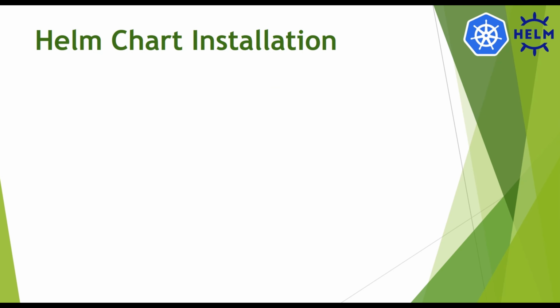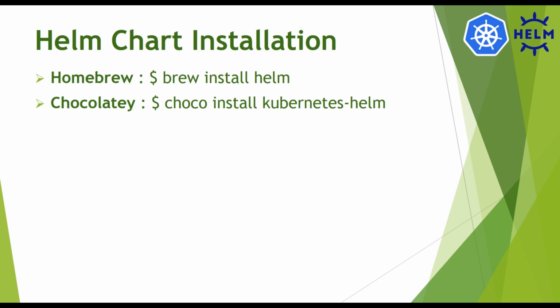In the second part, we are going to see the Helm installation. Basically, in the earlier 2 videos, I have explained how we can install Helm in our Windows and Linux operating systems. For macOS, if you have Homebrew configured, you can just execute a command like brew install helm, and Helm will be installed on your macOS.